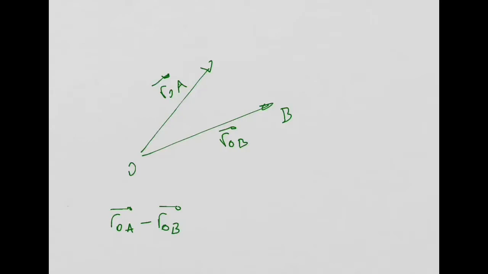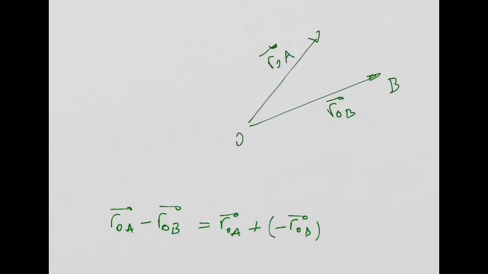Correct? So this is a subtraction of two vectors. I can write this as an addition of these two vectors. How? I can say this is equal to ROA plus minus ROB. You all agree? And what I'm doing basically, so let me try to move this a little bit more here.